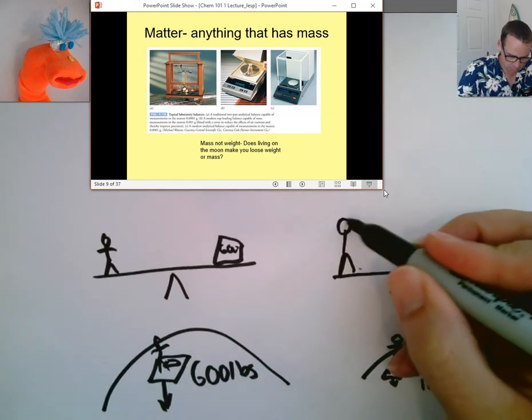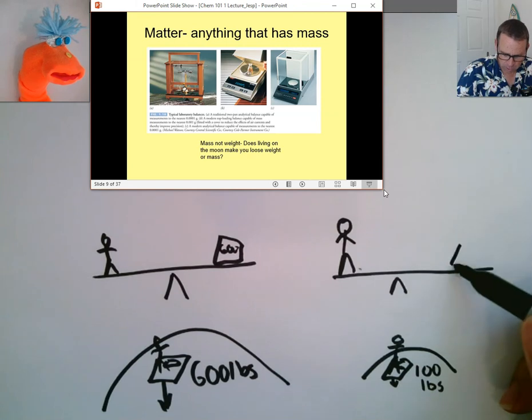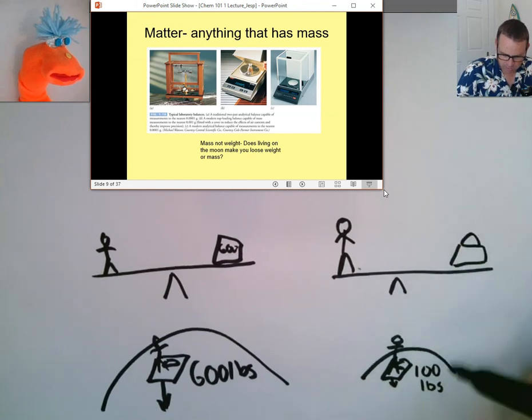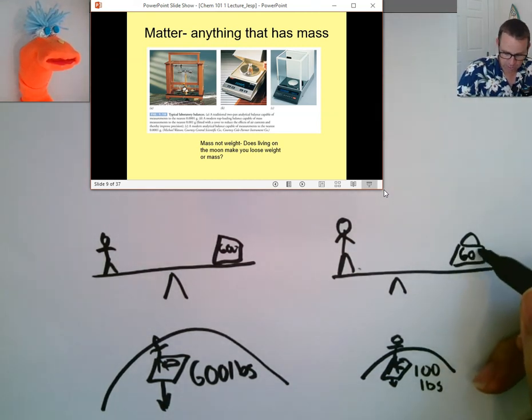If I was on the moon, however, and I was doing the same thing, what do you think? Would I have the same mass? Well, probably not 100 pounds, because you wouldn't ask the question otherwise. Okay, very good. Good observation. It's not 100 pounds. It's going to be the 600 pounds.